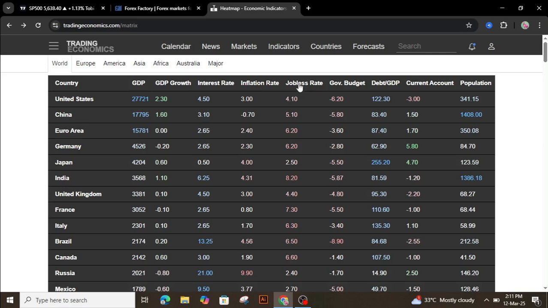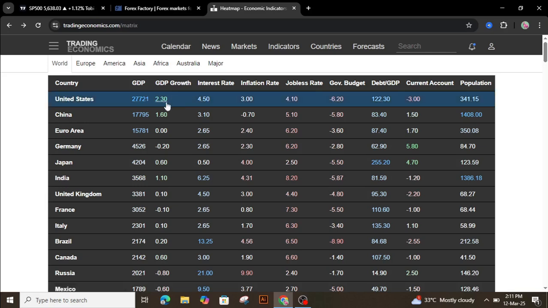Then jobless rate, or unemployment: if the unemployment rate is high, it is also going to affect the country's currency, because it shows you how the country's economy is doing. So these are the data you probably want to pay attention to.